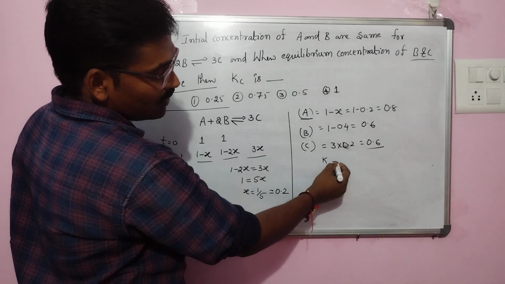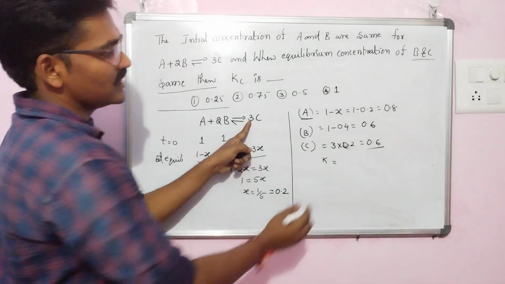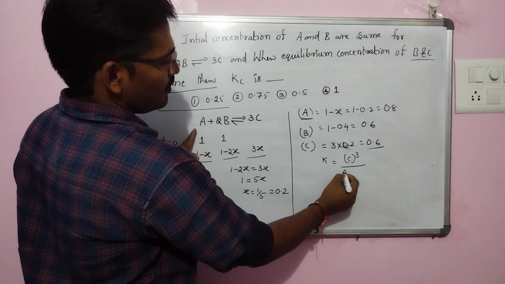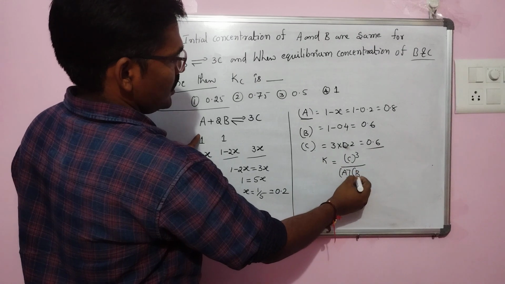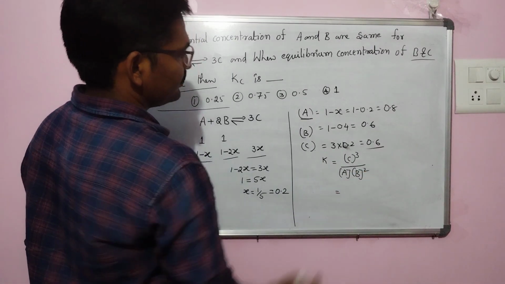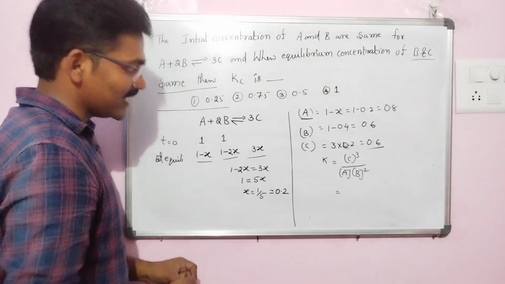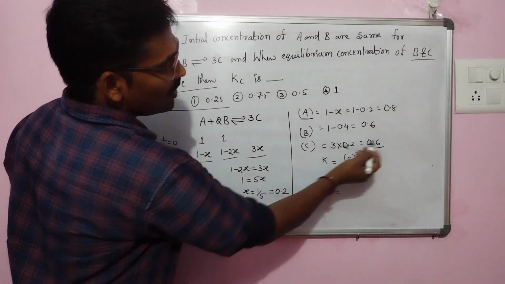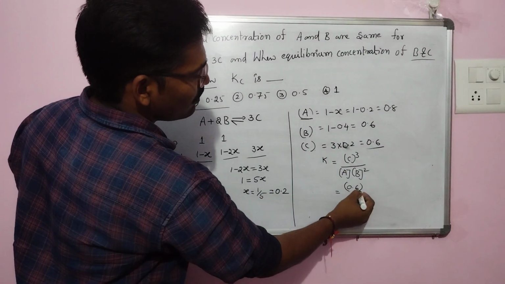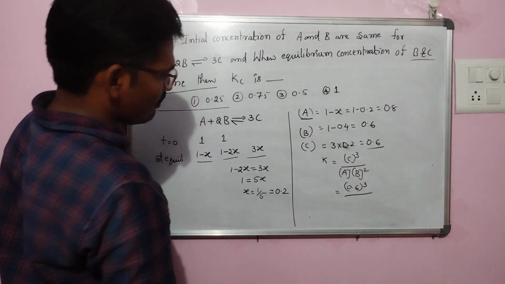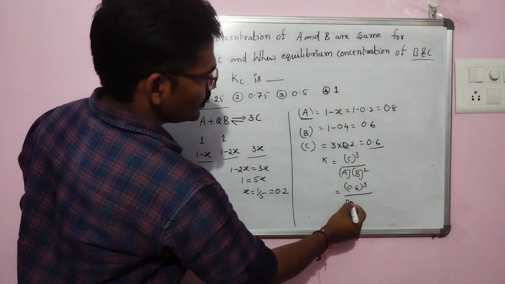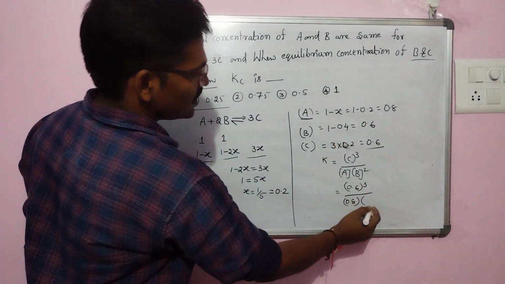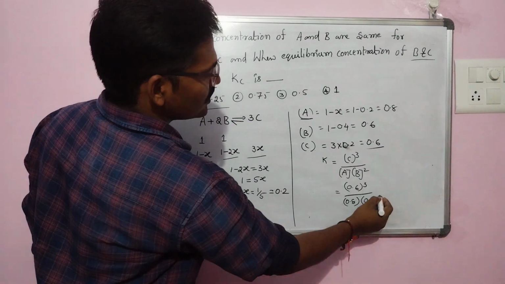Now the equilibrium constant. How to write it: C power 3 divided by A into B power 2. For C power 3, the C concentration is 0.6, so 0.6 power 3. Then A is 0.8. Then the B concentration is 0.6, whole square.